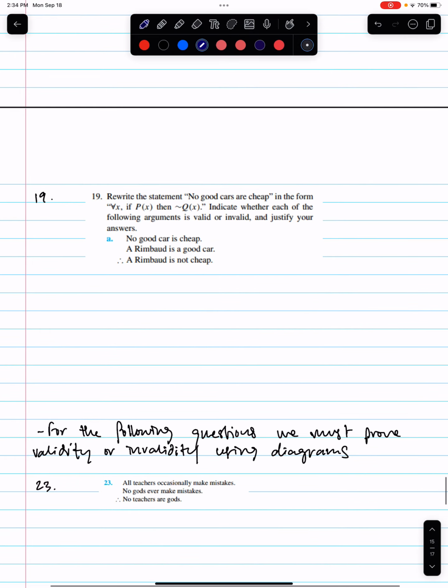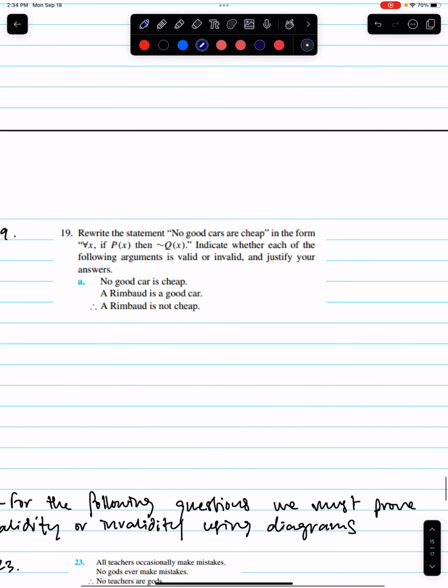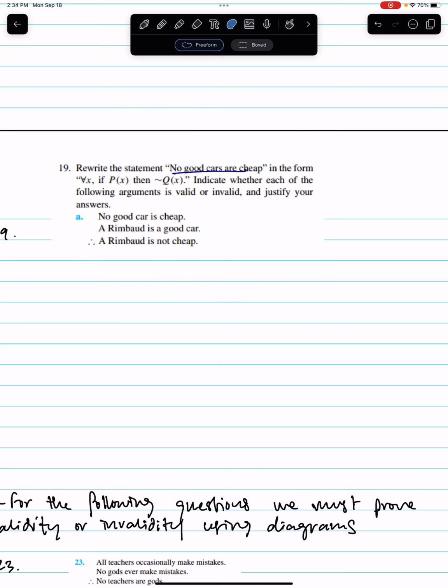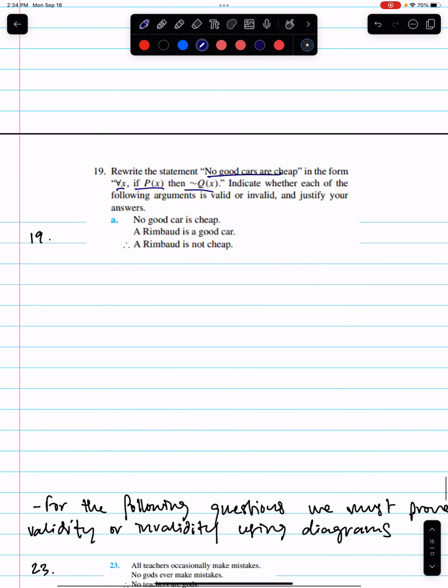Alright, next. It's telling us to rewrite the statement, no good cars are cheap, in the form, for every x, if P of x then not Q of x, and indicate which of the following arguments is valid or invalid, right? So let's just rewrite this first. No good cars are cheap.